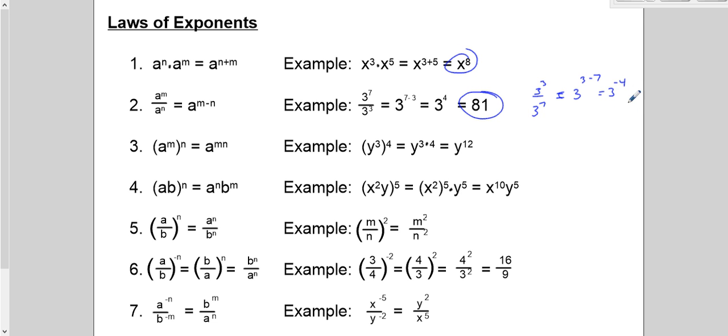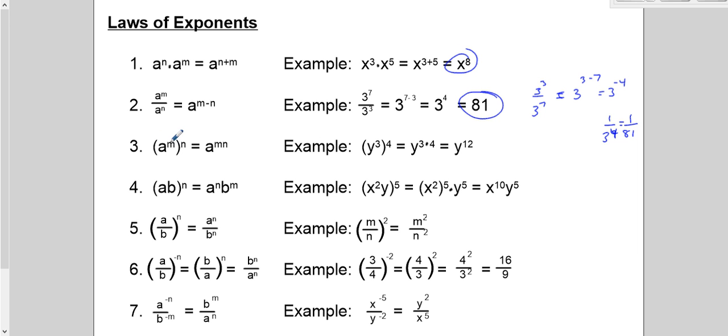And with that negative exponent, we know that it's going to be 1 over 3 to the 4th, which would be 1 over 81. So, same kind of thing. If the bottom number is larger, you can subtract. It becomes a negative exponent. And then just make sure you get the reciprocal value, apply the negative value of the exponent.